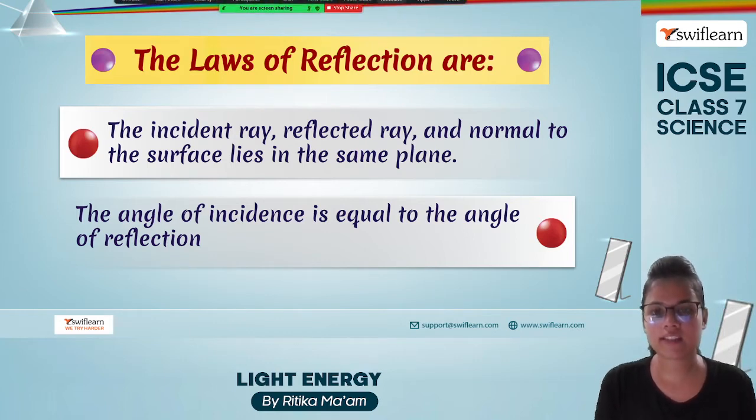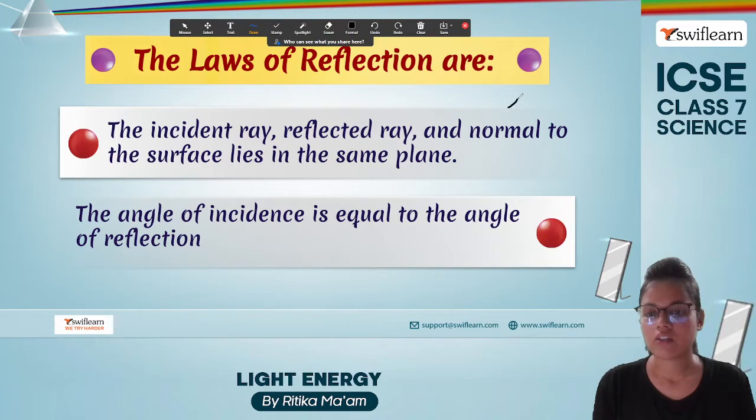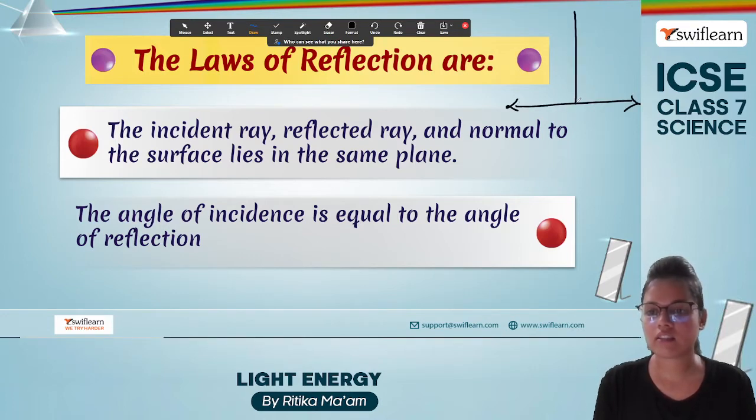Let us quickly see it. So if this is our surface and this is our normal, here this will be the incident ray, which is coming from any light source.